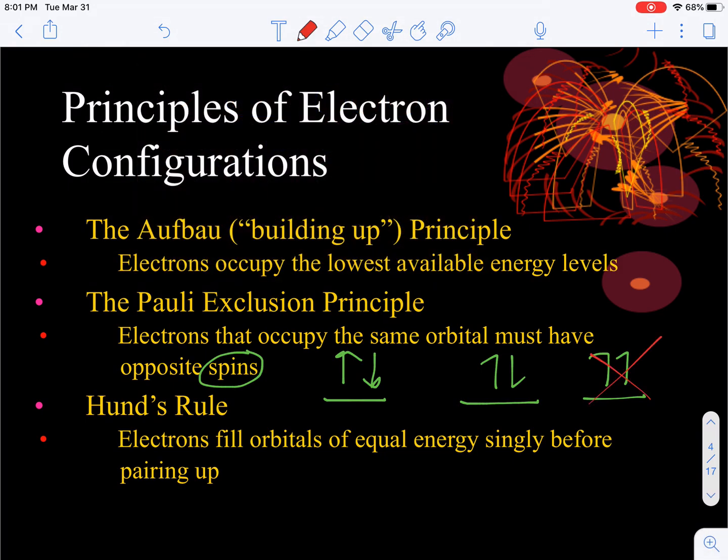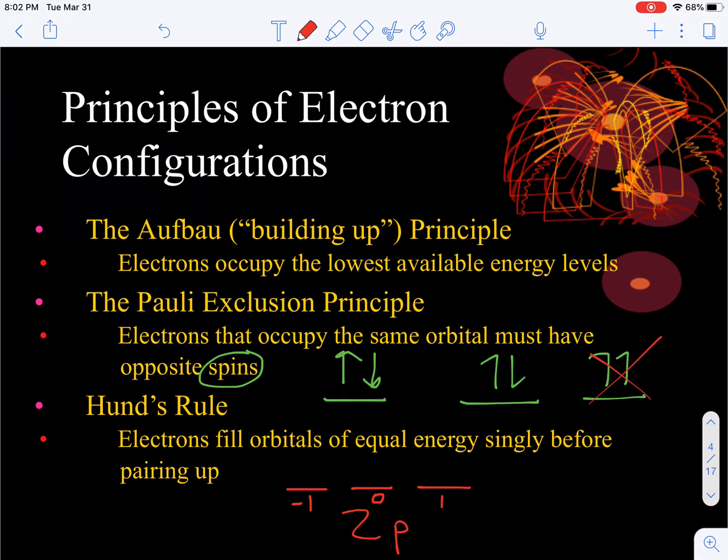Finally, Hund's rule says that if we are filling up a given set of orbitals, so for instance, let's imagine that this represents the 2p orbitals. So remember, 2p orbitals have three different orientations. That's why I've drawn three in here. We could get really fancy and number these as -1, 0, and 1, right? We know that that's the different combinations we can have.